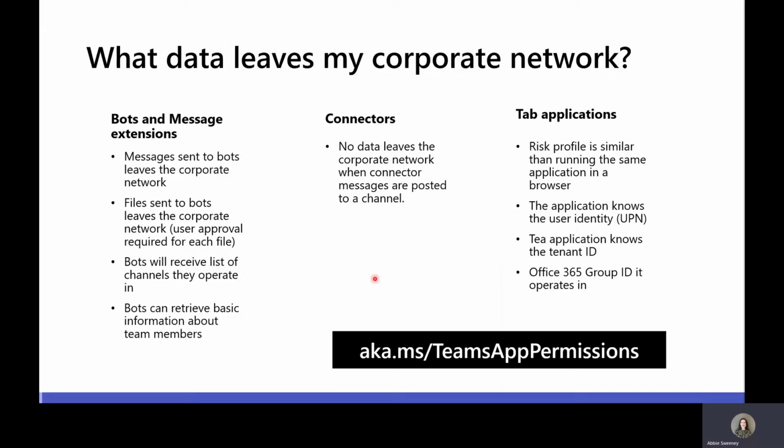And if you want to know a little bit more in depth around the app permissions and what leaves the corporate network, I would highly recommend going to this link here, aka.ms/teamsapppermissions. This is where you will find all of the information. It's a really deep dive blog into what leaves the network, what is the risk profile of each type of application, and other pieces. So make sure you go there if you want more information.